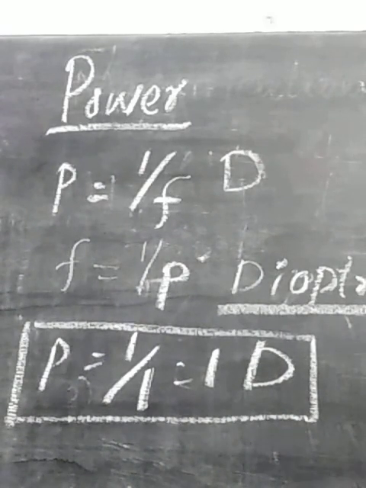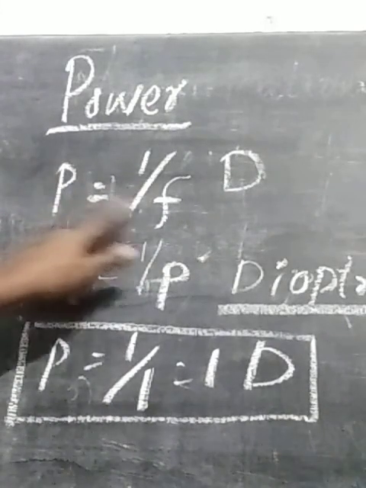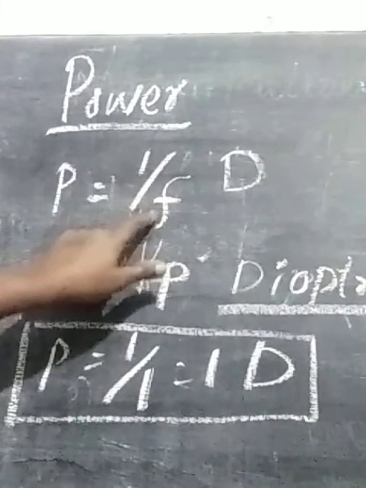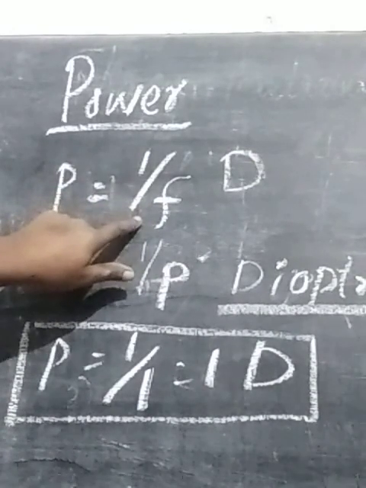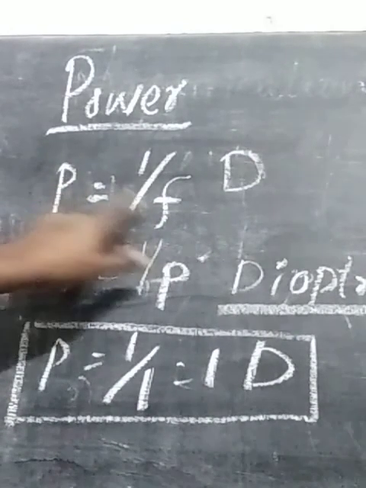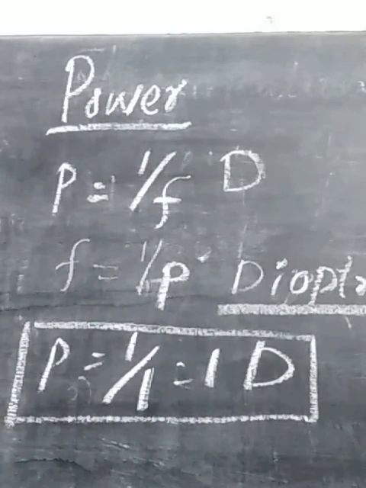For a concave lens the focal length is negative and the power also will be negative, because we are calculating it by taking the equation P is equal to 1 by F. If F is negative, there will be an extra negative sign that we consider as the negative power. If there is no extra negative sign, we will take power as the positive value.